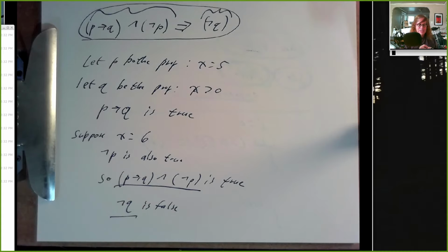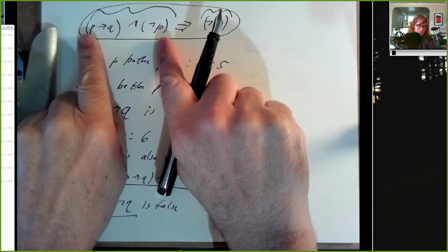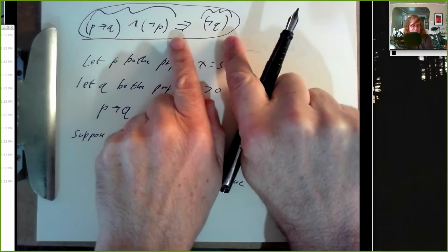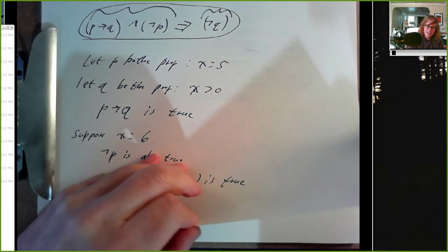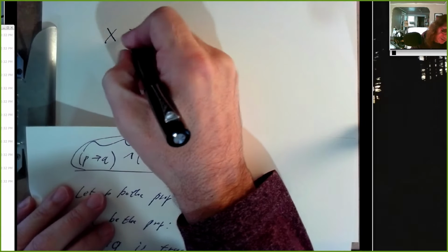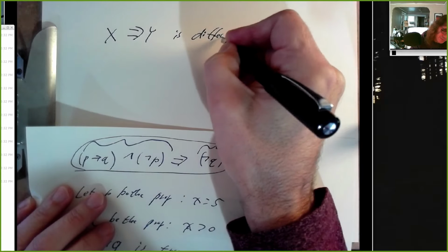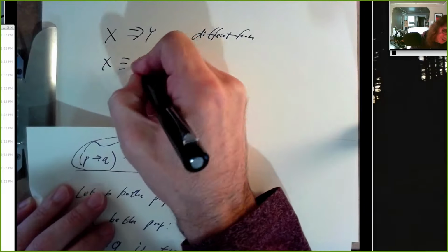The one comment I made in some people's submissions to this, though, is that they tried to show that this was not equivalent to this. They came up with a value for this and a value for this, and they were different. This is not the same as equivalence. Okay, saying that x implies y is different from x is equivalent to y.